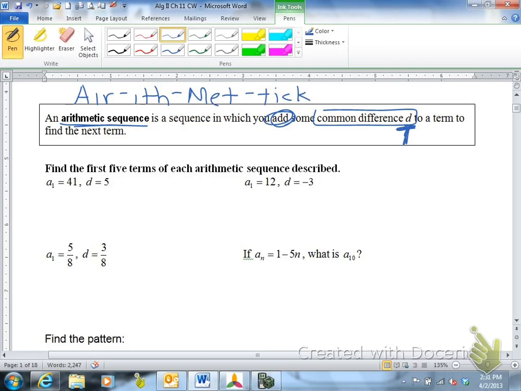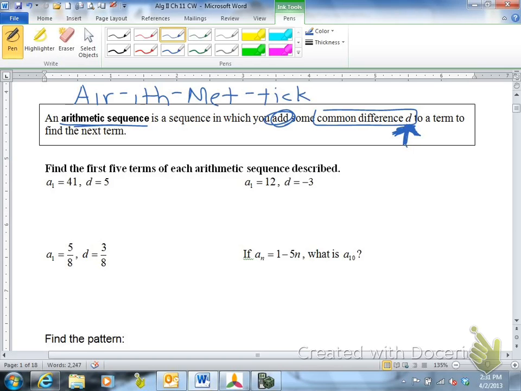It's important to notice d is the variable that we'll be using for the common difference, how to get from one term to the next term. So with even numbers like 2, 4, 6, 8, the common difference is 2. 2 to 4 is 2, 4 to 6 is 2, 6 to 8 is 2.